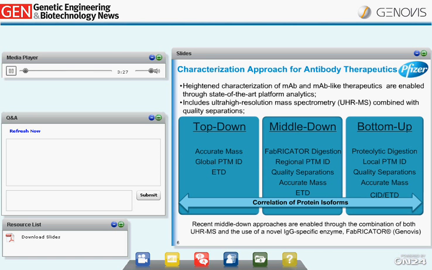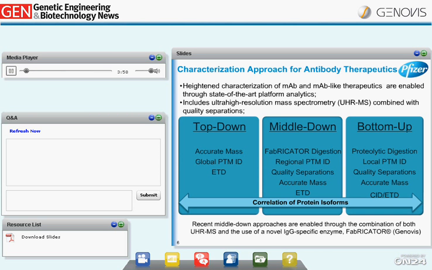The bottom-up and top-down strategies are well-known proteomics strategies, where the bottom-up really focuses on taking your product and whittling it down to its counterparts of the proteolytic digest and doing a local post-translational modification ID, working on quality separations, relying on accurate mass, and then using a couple other novel gas phase fragmentations, CID or ETD.